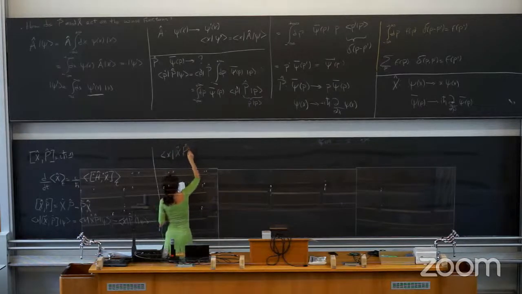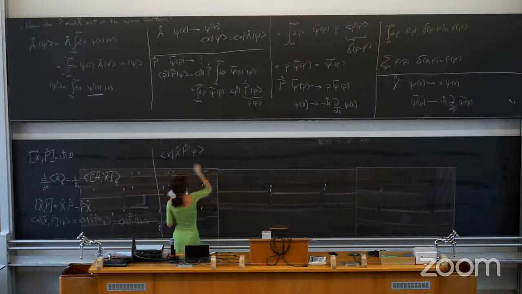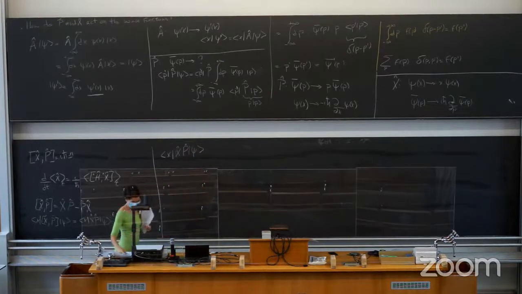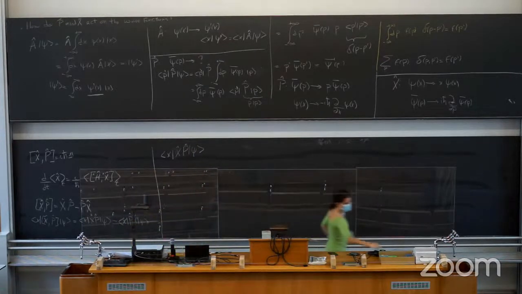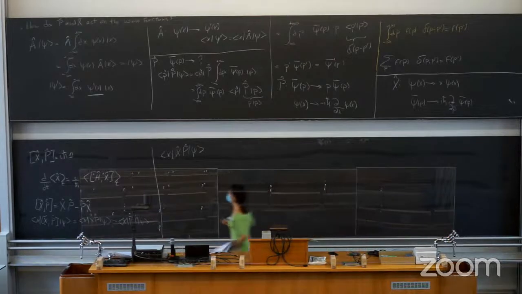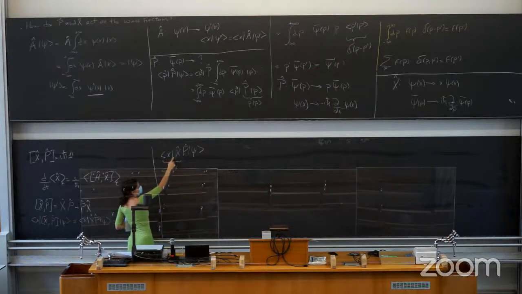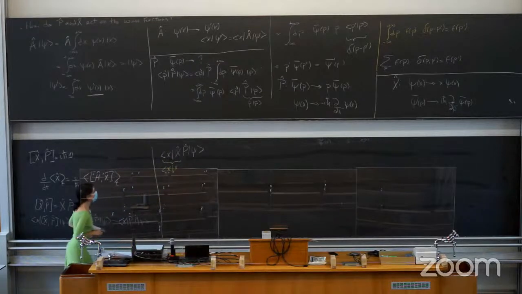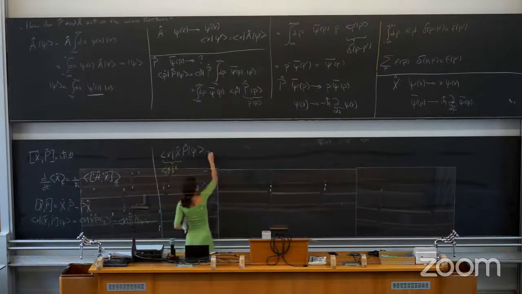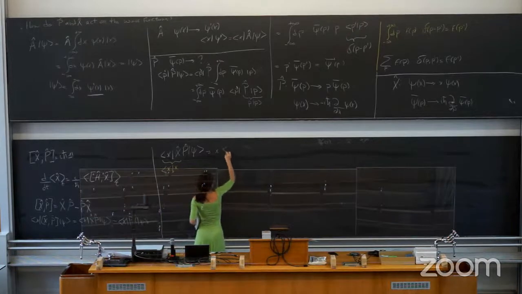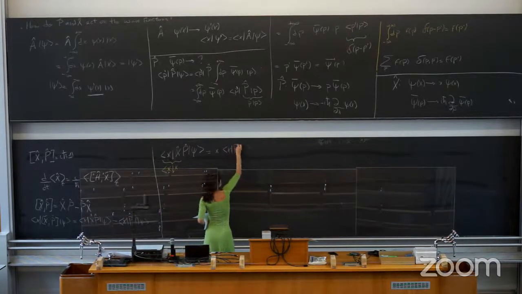This one is easy because we look at the first part here. Well, this is just that, because x is an eigenstate of x with eigenvalue x, little x. So then this is just little x, and right, it's a number, so we can get it out of there.